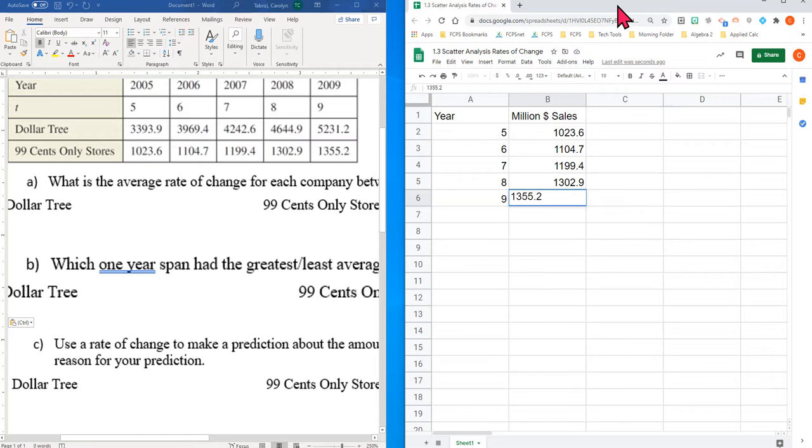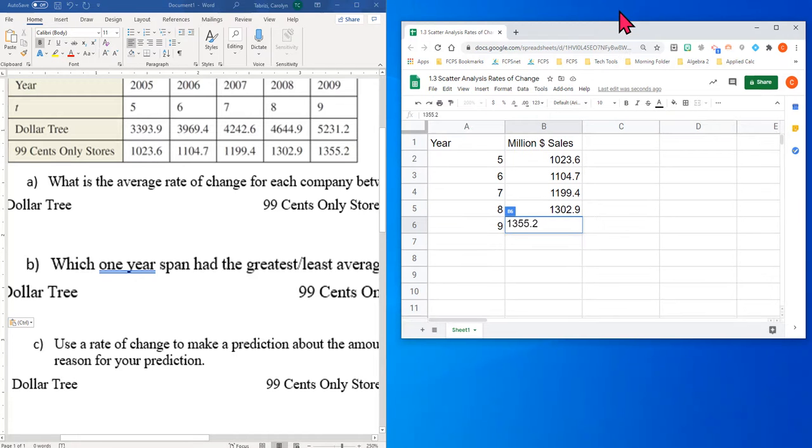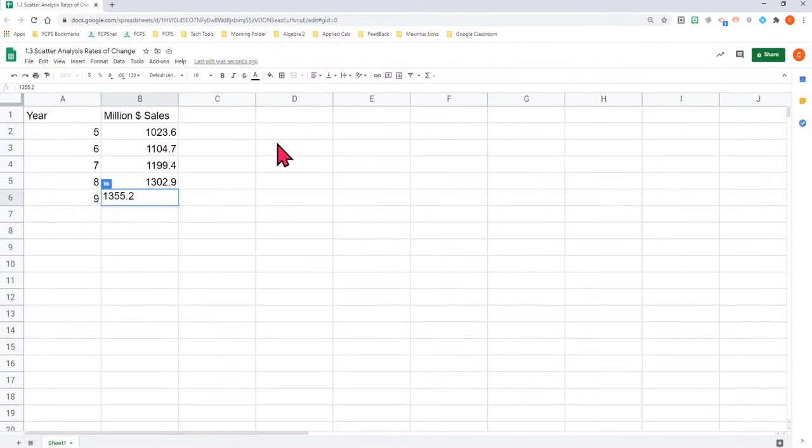There is our data. Now we have a couple things we have to do, right? We have to find the average rate of change. So this is question A, average rate of change.